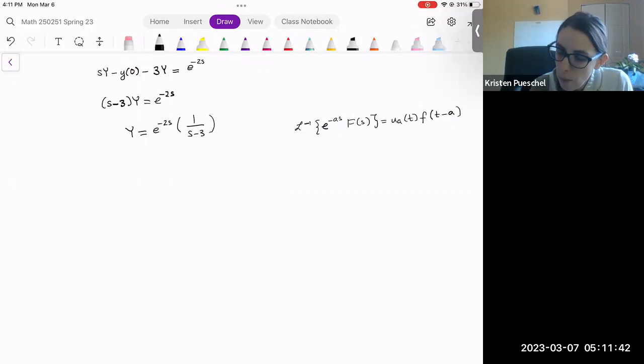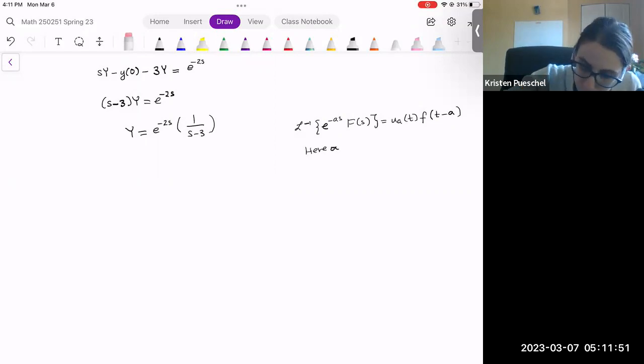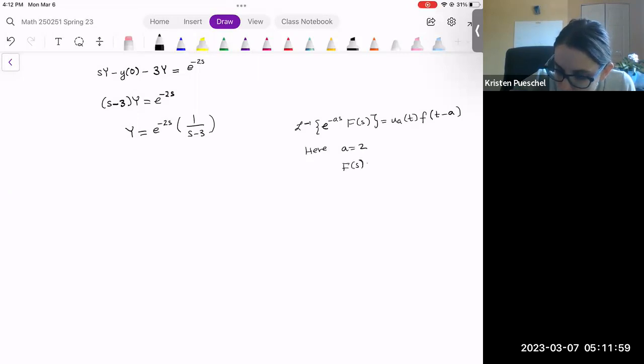So shifted right by a. In our case, a equals 2. Notice there's already a negative sign in our expression here. And our F of s was equal to 1 over s minus 3.